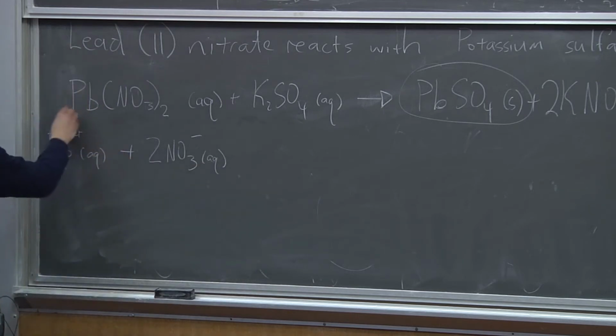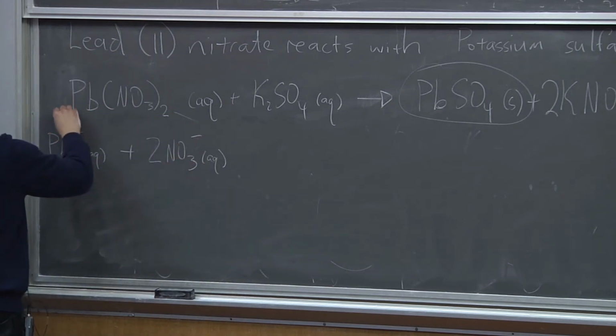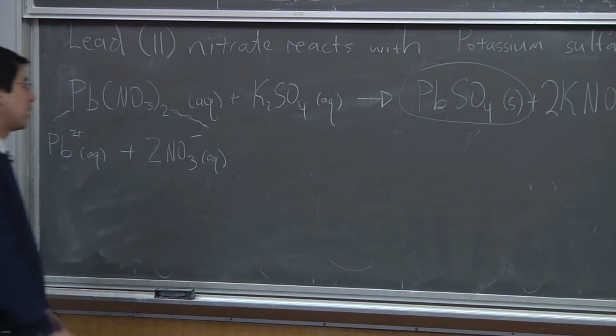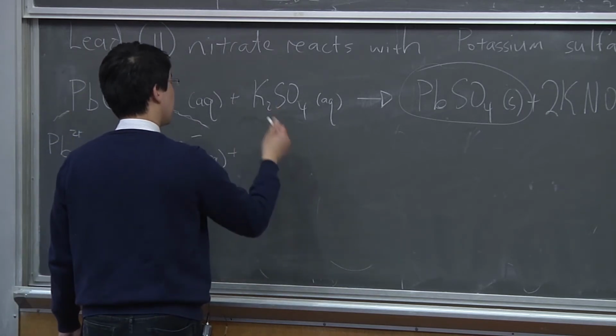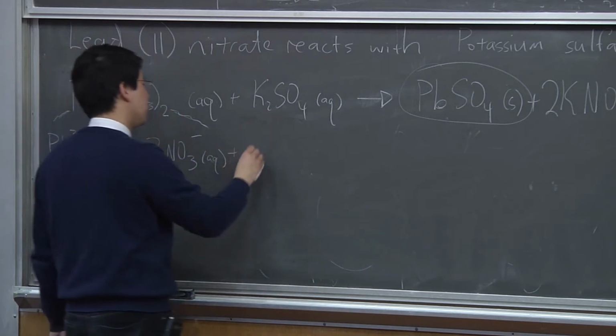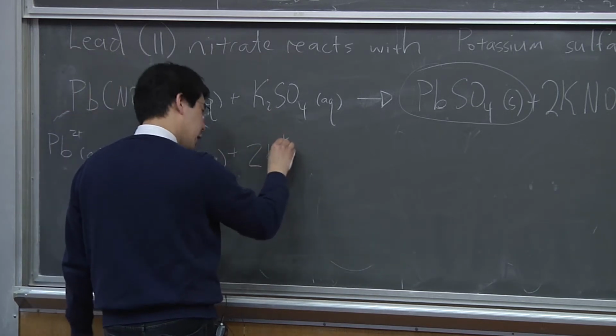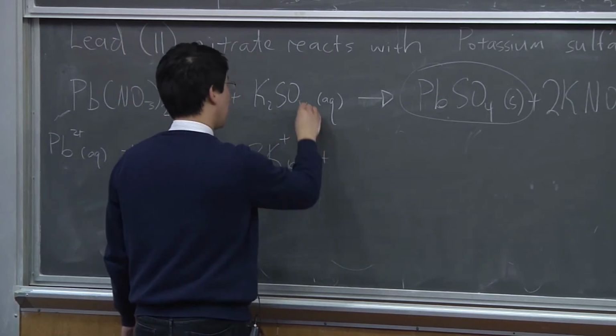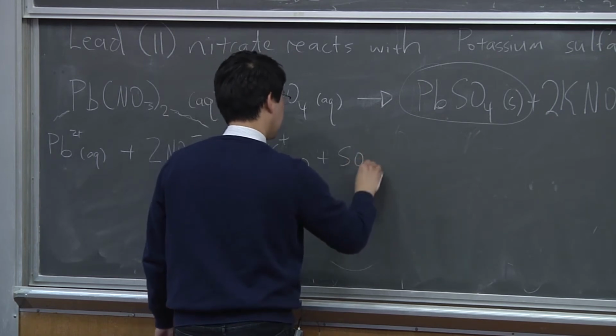Right, this is from the lead nitrate. What about the K2SO4? It becomes how many Ks? 2 Ks, 2 potassium plus 1 SO4.